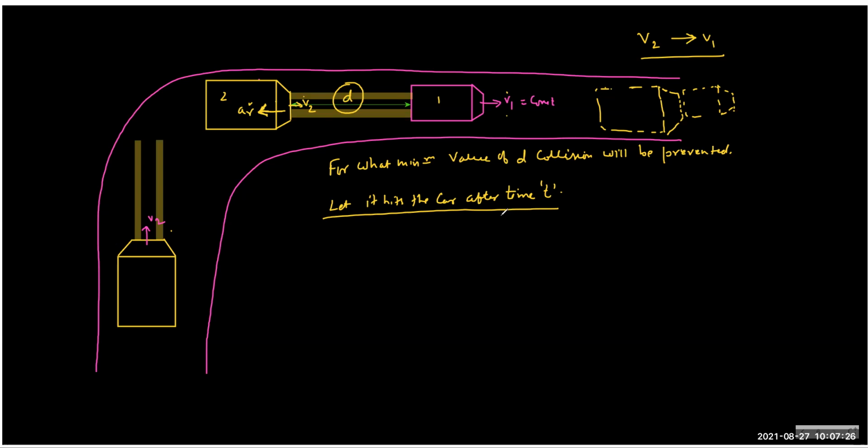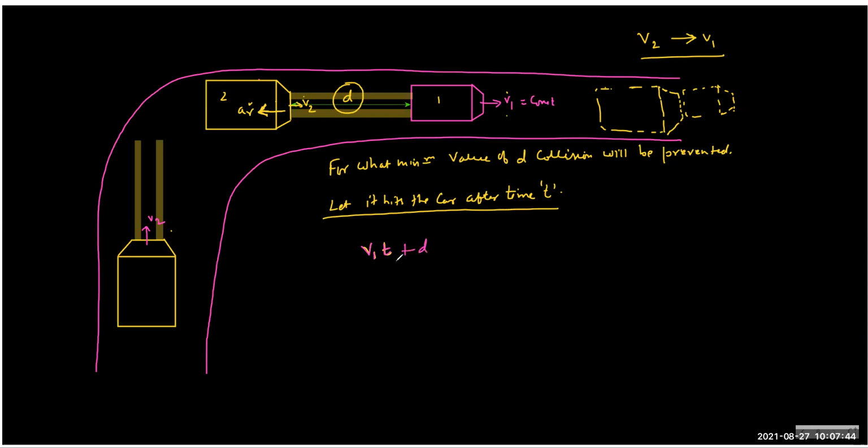That is the condition for hitting. So in the time t, how much will the first car travel? I can say v1t. The first car will travel v1t, and the d is the gap also. So the first car will go ahead by v1t.